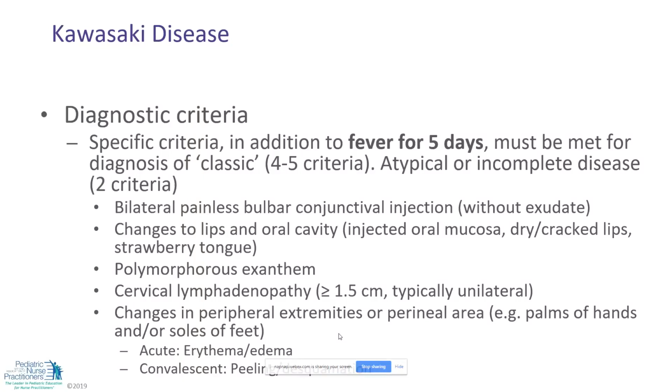So the acute febrile period is usually up to the first 14 days. And then there's a subacute phase of about 2 to 4 weeks, and then a convalescent phase, which lasts months to years. It's also important to note, we talked about the specific criteria, so you know that for a classic diagnosis, 4 to 5 of these are required. For an atypical or incomplete diagnosis, they would have 2 of the criteria.